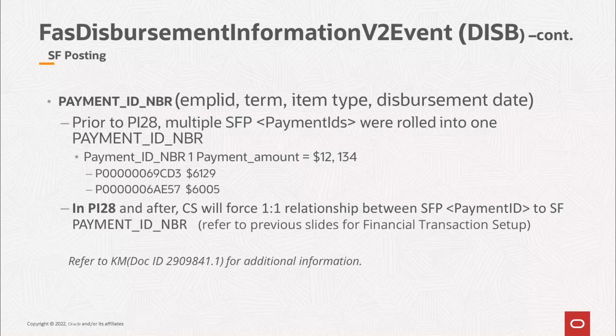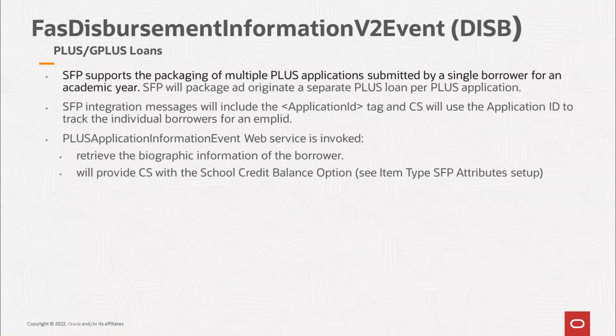And this changed SF Posting so it no longer combined SFP's disbursements and is forcing a one-to-one relationship between SFP's payment ID to SF payment ID number. For additional information, refer to KM Doc ID 2909841.1.